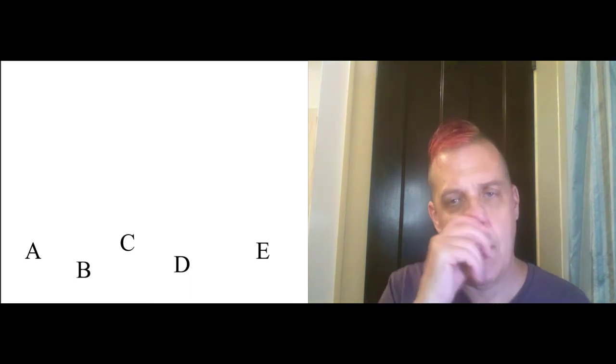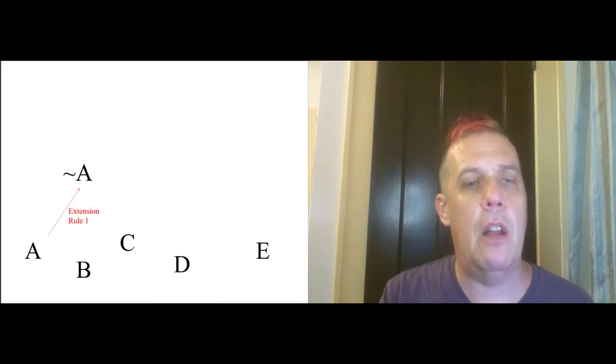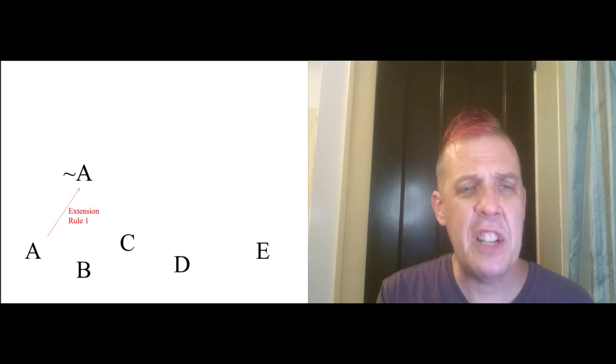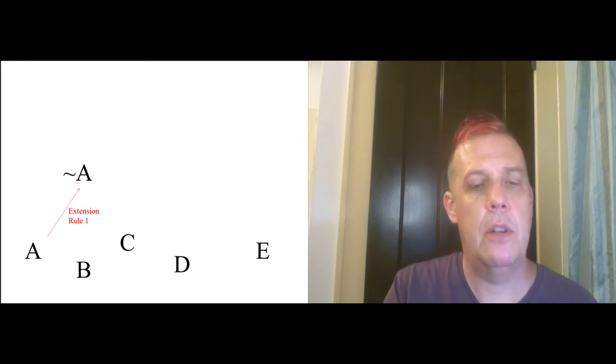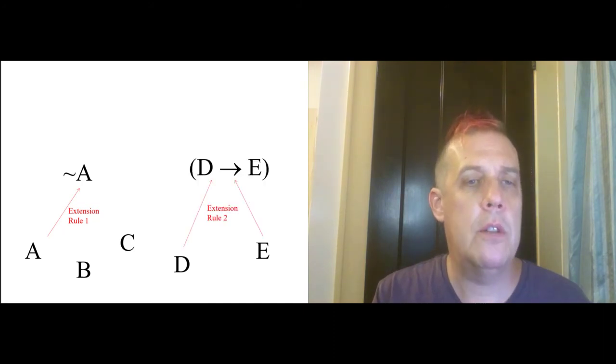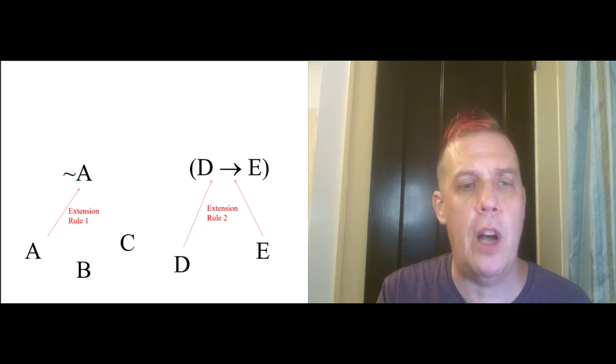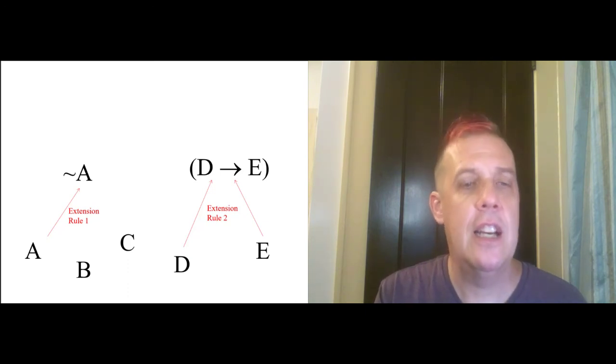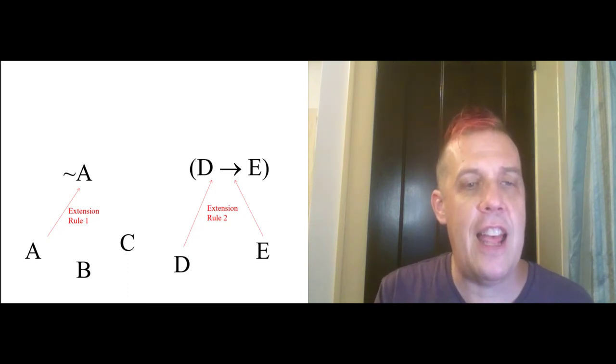So you start with your basic parts, A, B, C, D, and E, right? And now we have rules that allow us to expand on these basic parts. So extension rule 1 says that if we add a not to the A, we still have a sentence. So not A is a sentence. It's a level 2 sentence. If level 1 is A, B, C, D, and E, level 2 has not A in it.